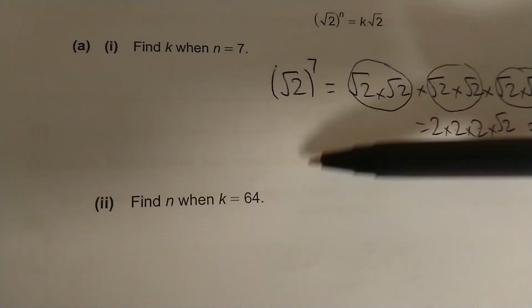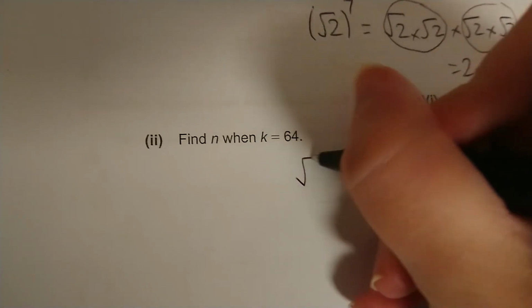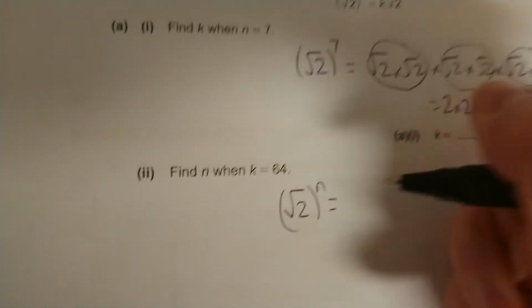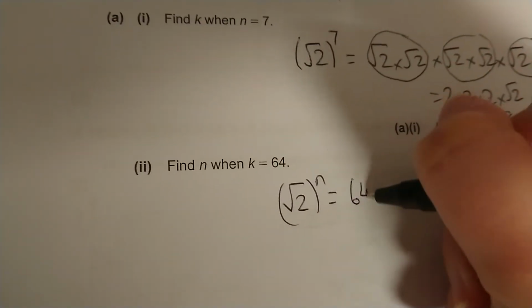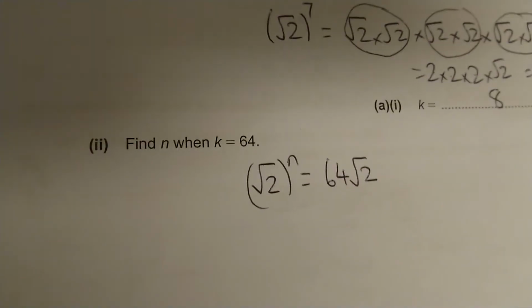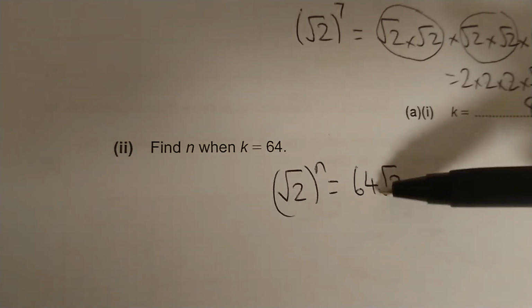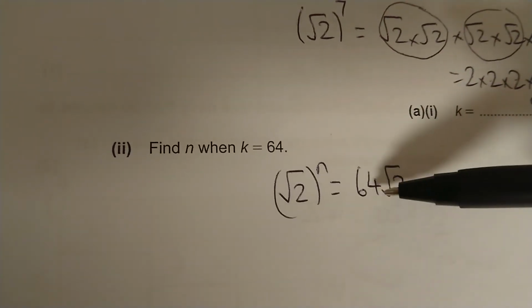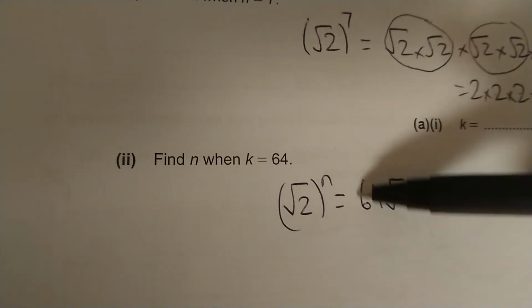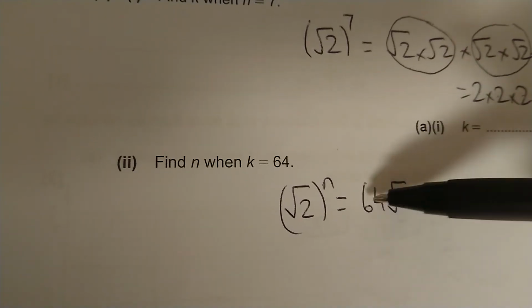So we know that k is 64. So we know root 2 to the power of n is 64 root 2. So we're trying to work out what this power of n must be in order to make the answer 64 root 2. First of all, I would think about what this is as a power of 2.